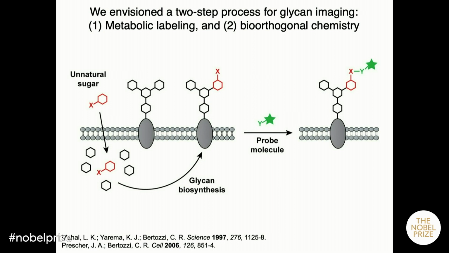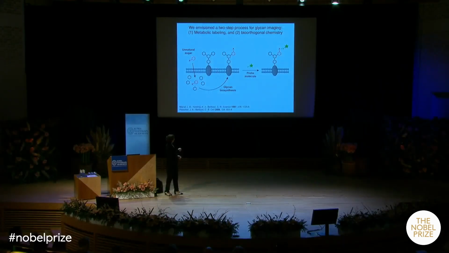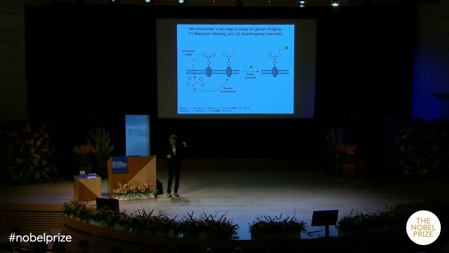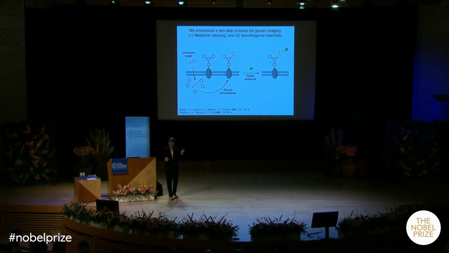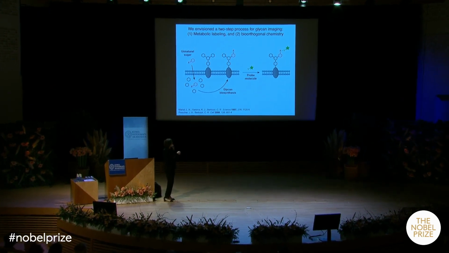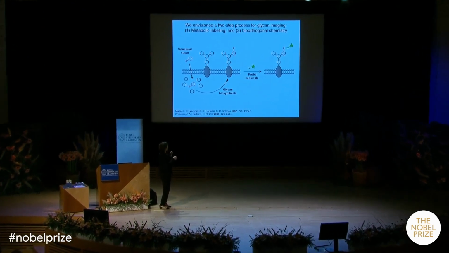The first step would be to feed the cell or the organism, or maybe the human patient someday, that chemically altered simple precursor sugar. And that sugar would be metabolized by the cell, converted to the cell surface product, where this chemical group X, and I was agnostic about X at that time because I wasn't quite sure what X would be, but some chemical group X would come along for the ride.